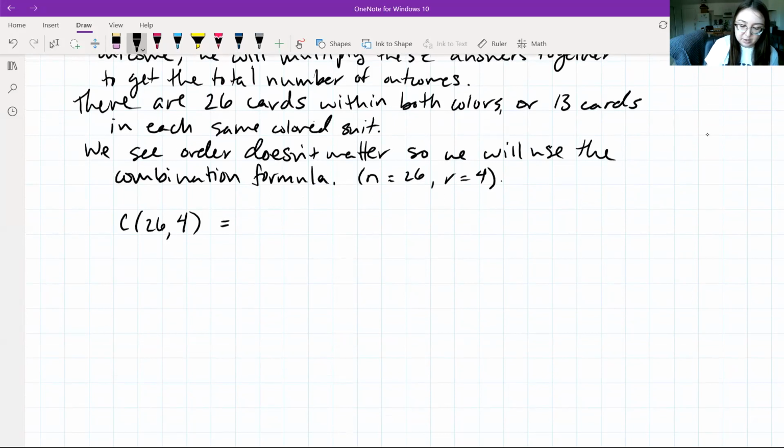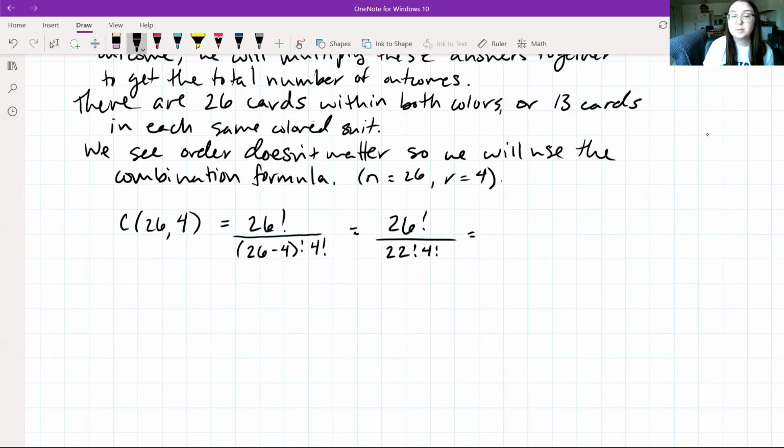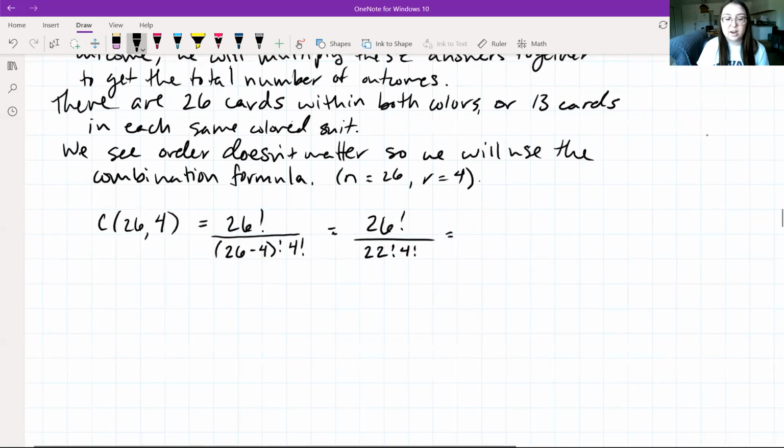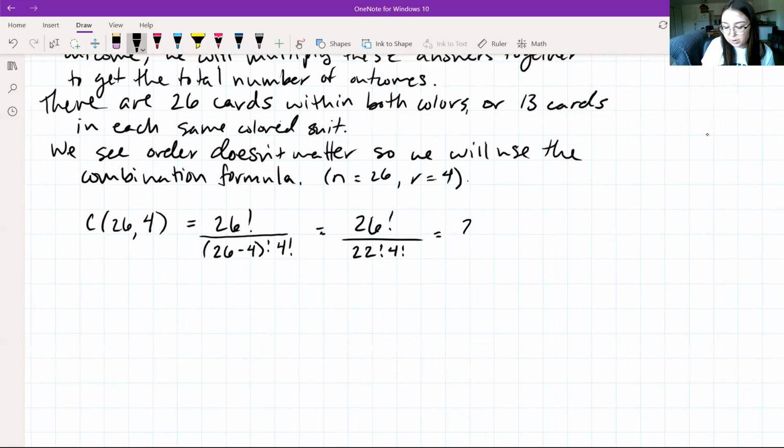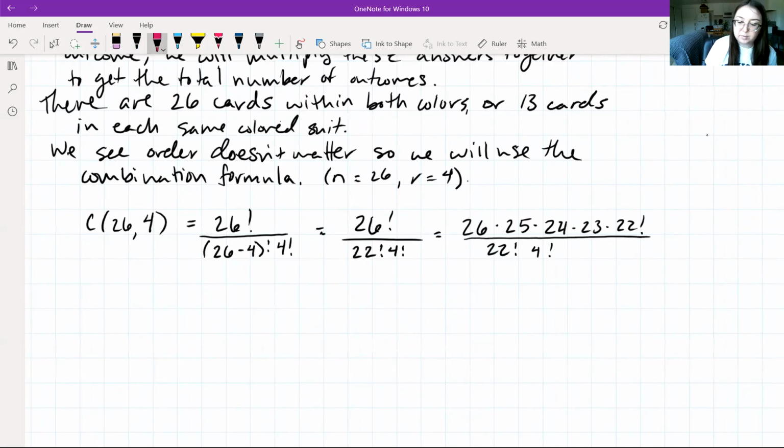So when we write this out, we see we're going to get 26 factorial in our numerator, then 26 minus 4 factorial times 4 factorial. This is going to end up giving us 26 factorial divided by 22 factorial times 4 factorial. So now you can calculate this value on your own, or we can write it out. So we'd say 26 times 25 times 24 times 23 times 22 factorial, then we have 22 factorial times 4 factorial.